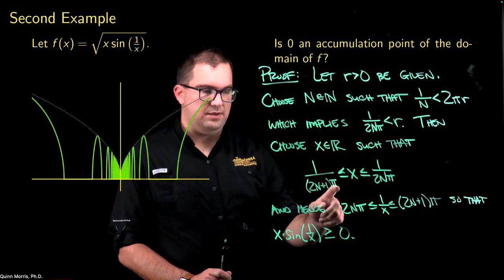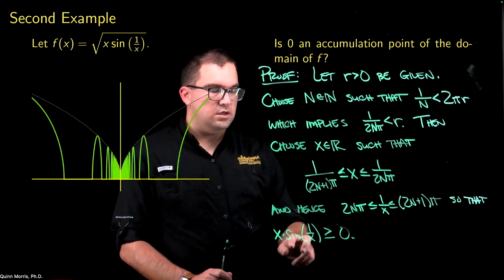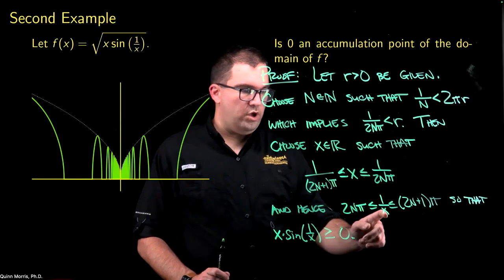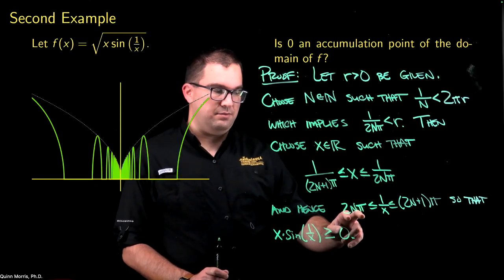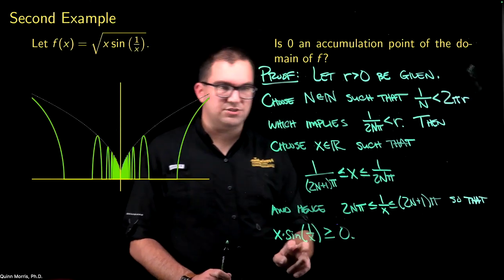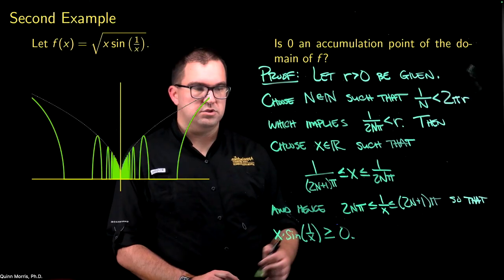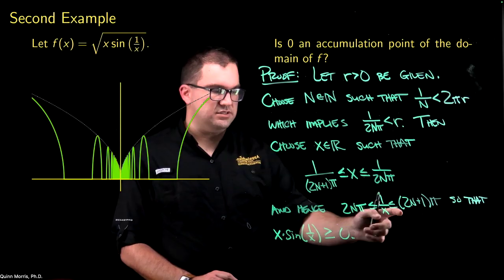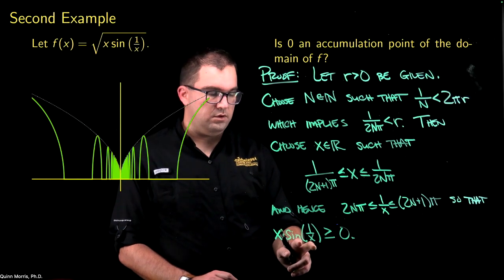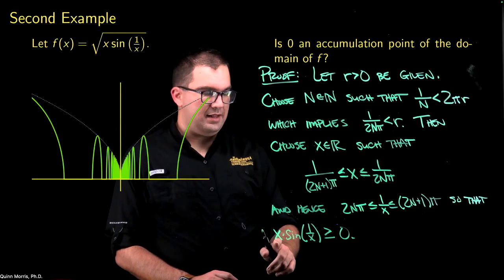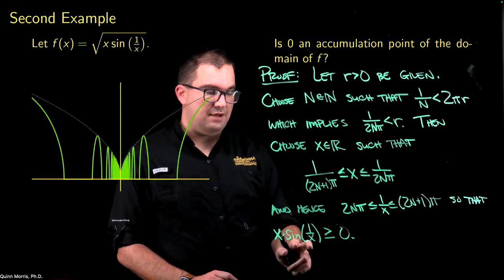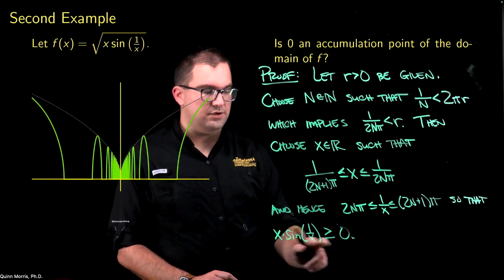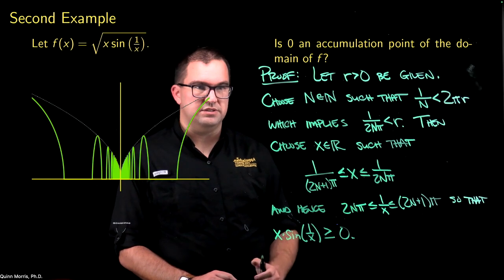Sine of 1 over x, well, because 1 over x is between an even multiple of pi and an odd multiple of pi, that's greater than or equal to 0. So I know this is non-negative, because if they were equal, it'd be 0. So I've got something that is definitely positive, and something that is greater than or equal to 0. Their product must be greater than or equal to 0.